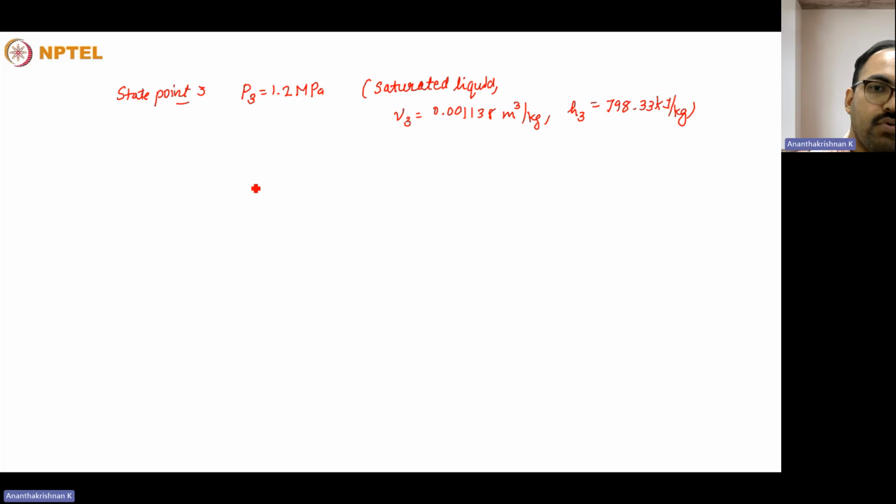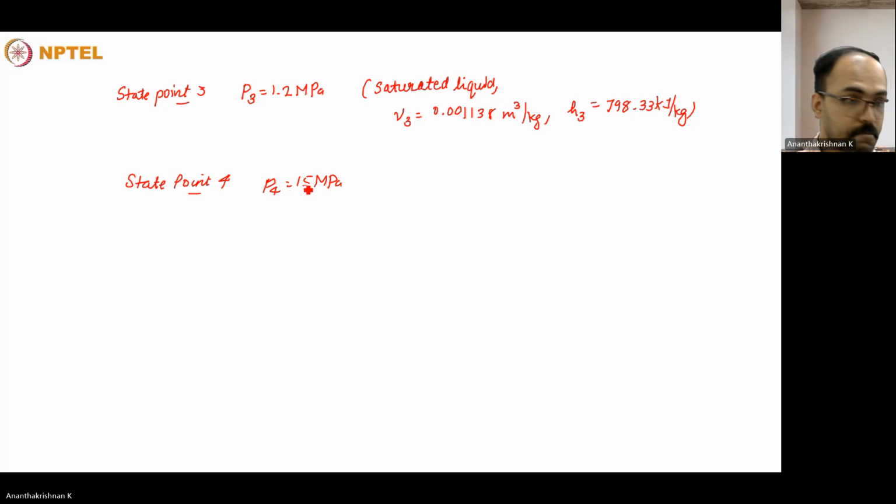So state point 4: P4 will be 15 megapascal, and that will be the second pressure, basically from state point 3 to state point 4.